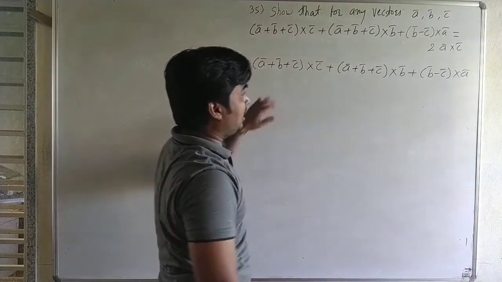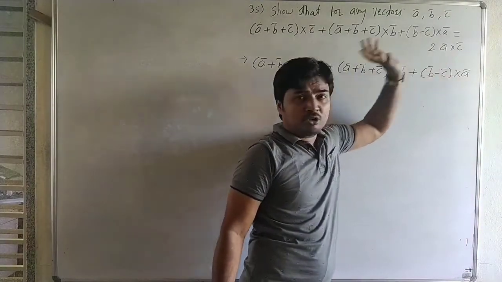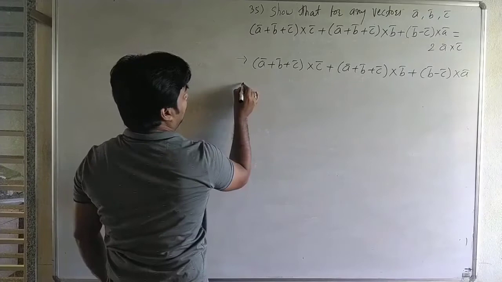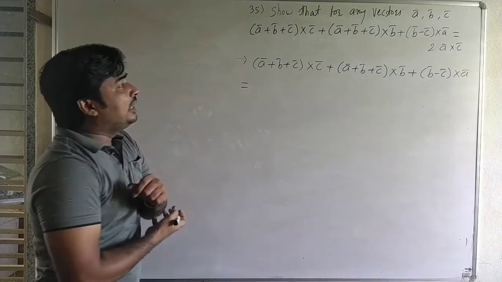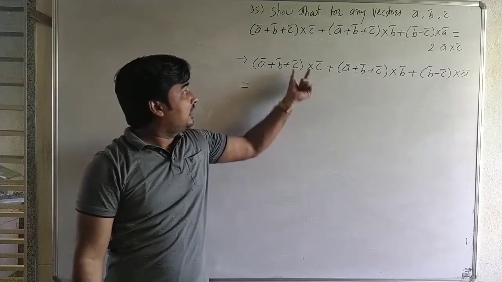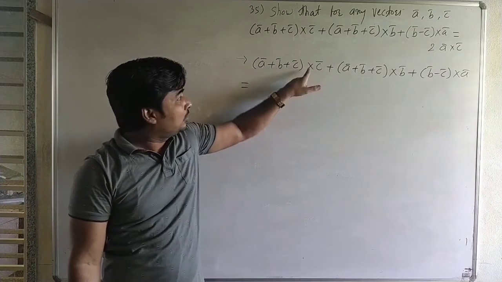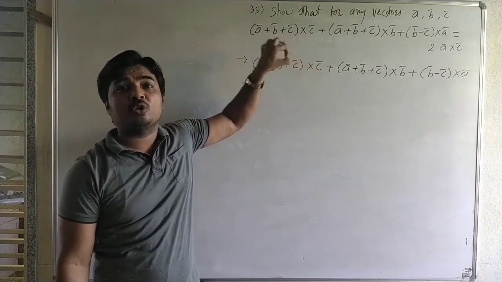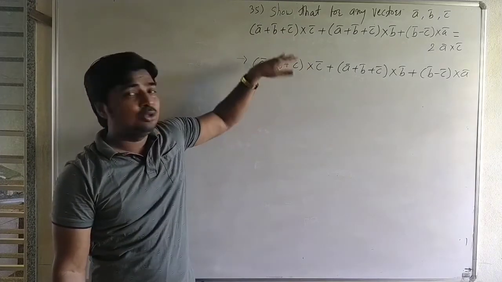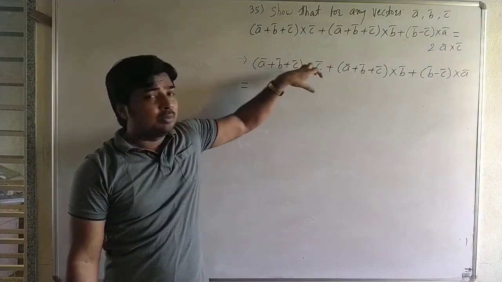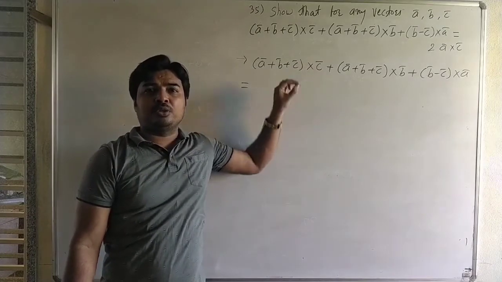Here we want to prove that it is 2 into A bar cross C bar. See carefully here. We take only the multiplication of brackets, and here the brackets are vectors, and the multiplication is a cross, so it is a cross product of the vectors. Here we use the straight multiplication and then we use the properties of the vector product.